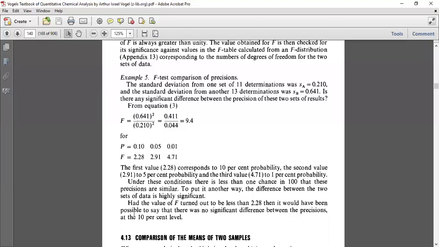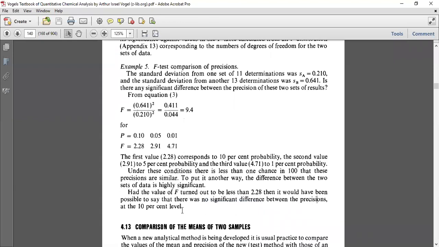Again, they have given another justification, or maybe what we can say is a condition. If the F value were less than 2.28, then it would have been possible to say that there was no significant difference between the precisions at the 10% level.